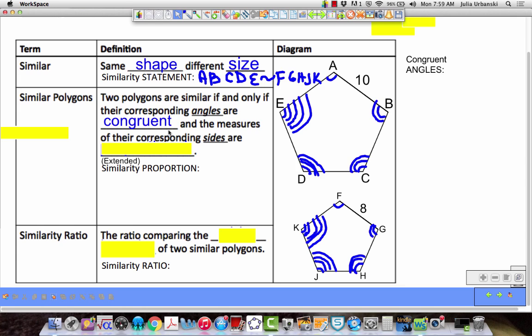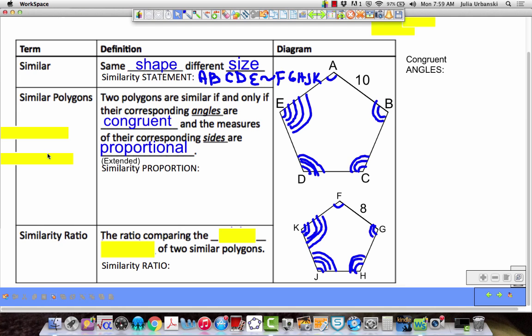The sides can get bigger and smaller, but the angles have to stay congruent. The measures of their corresponding sides are, write this down, proportional. That's what makes them similar instead of congruent. Corresponding sides are proportional, meaning one's bigger, one's smaller, but they're all at the same ratio.